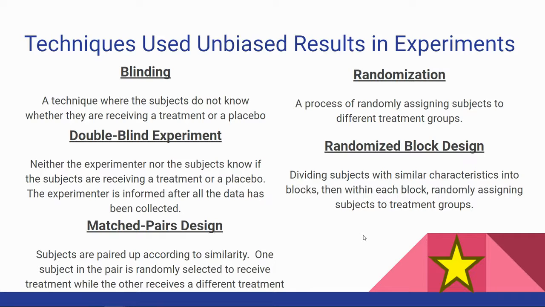Okay, randomization is a process of randomly assigning subjects to different treatment groups. You would want to make sure that as much as possible, it's a random blend. Randomized block design divides the subjects with similar characteristics into blocks, and then within each block, you randomly assign the treatments.